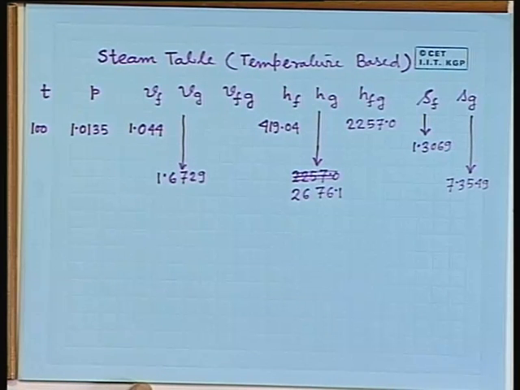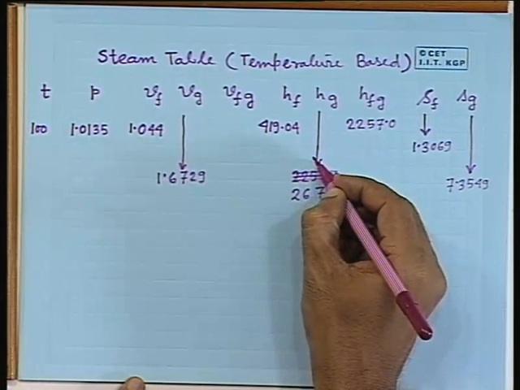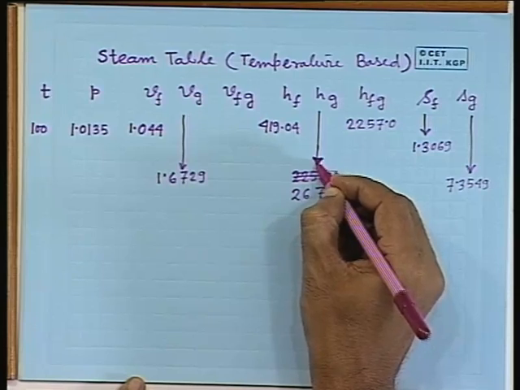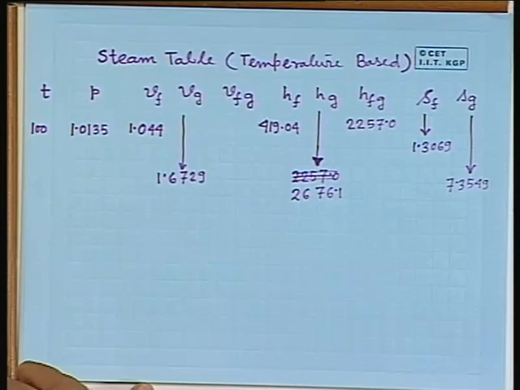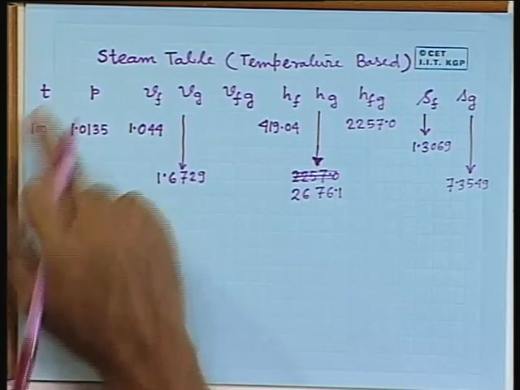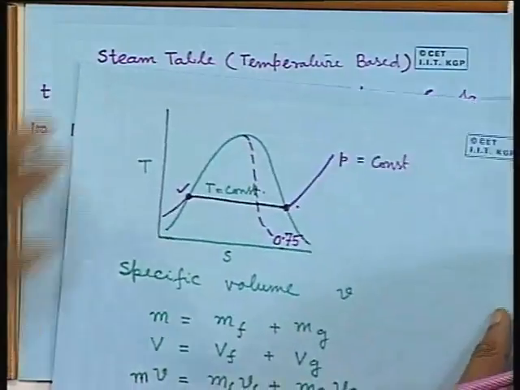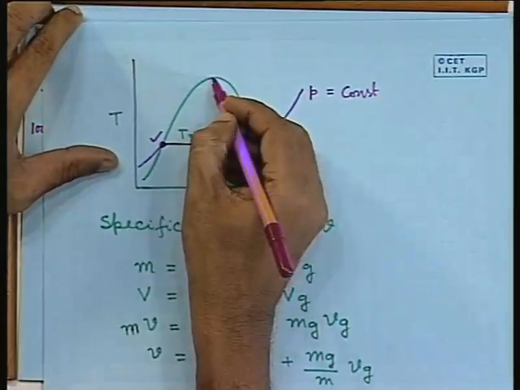Now, if we see the steam table, we will see that this Hfg value will go on decreasing with temperature. As we go for higher temperature or higher values of pressure, this value of Hfg will go on decreasing, and it will diminish at the critical point.